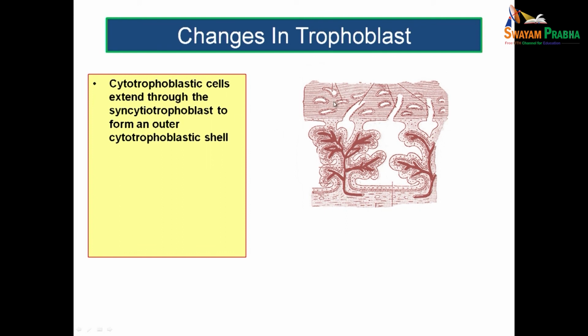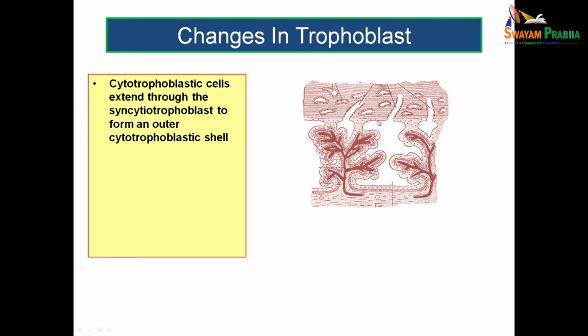Now, this is the maternal side and this is the fetal side. You can say that the cytotrophoblast is invading through the syncytial trophoblast in order to reach the outer aspect. When it reaches the outer aspect, it will coalesce with the cytotrophoblast of the neighboring villi also. Okay.